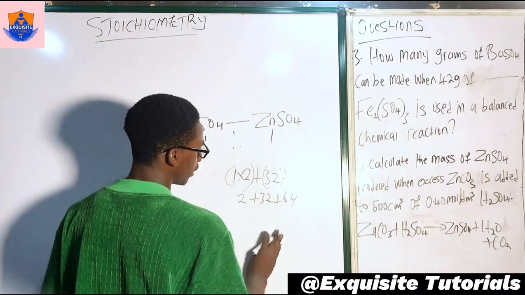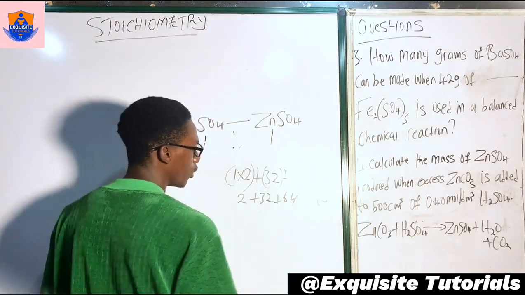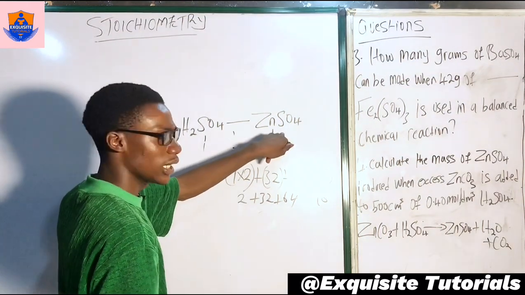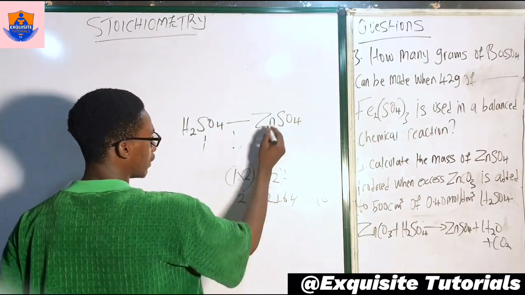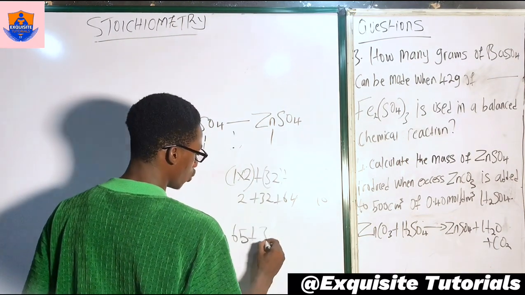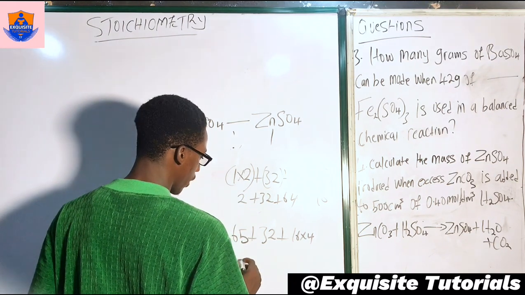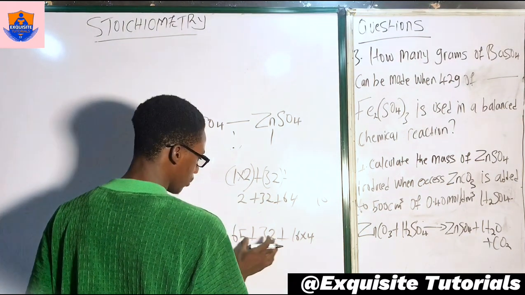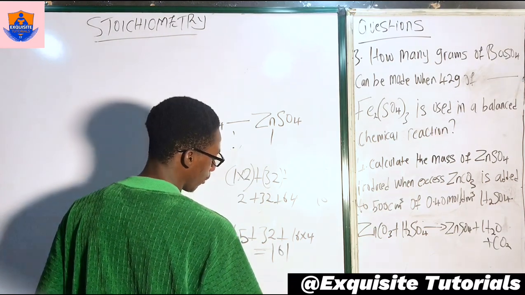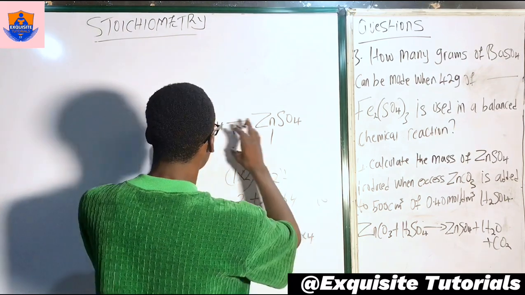If we add everything here, we have a value of 98 grams per mole. And that's for H2SO4. Now for ZnSO4, let's find it. Zinc is 65 plus sulfur is 32 plus 16 times 4. So this plus this will give us an approximate value of 161 grams per mole. So now these are the molar masses of each compound.